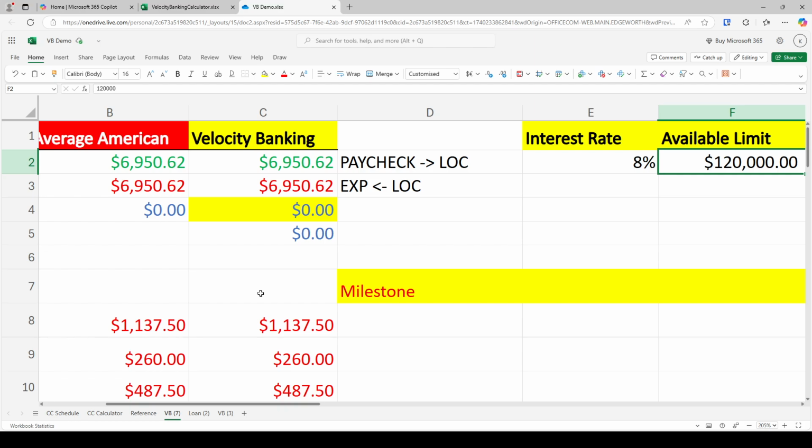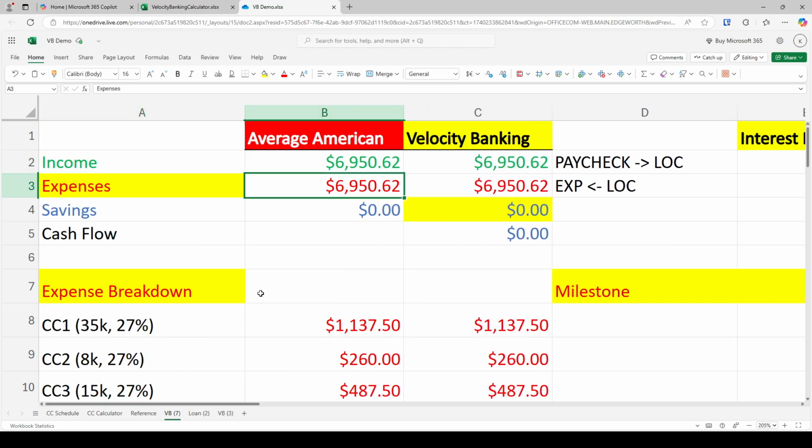Now, how do you get the lines of credit? It's simple, but it's not easy. Banks don't lend money to people who need it. You got that? The biggest problem most people have is that they're waiting to go to a bank when they need money, and that's a no-no in the bank's eyes.